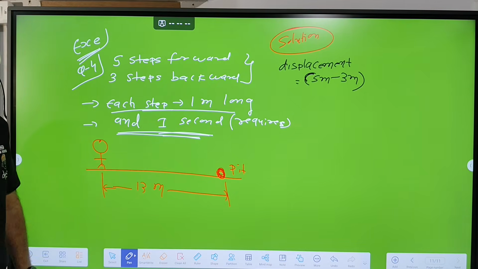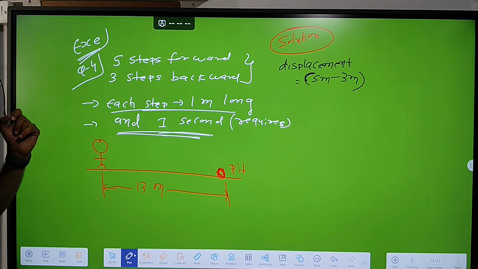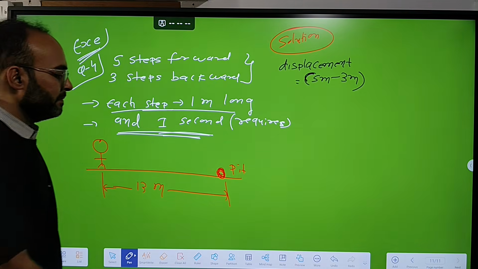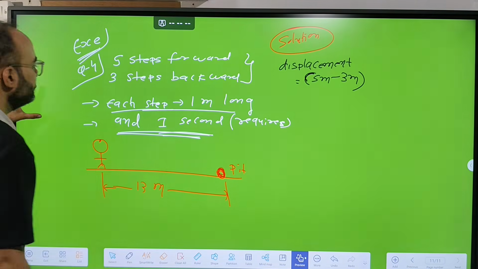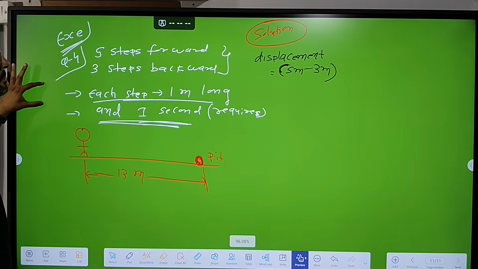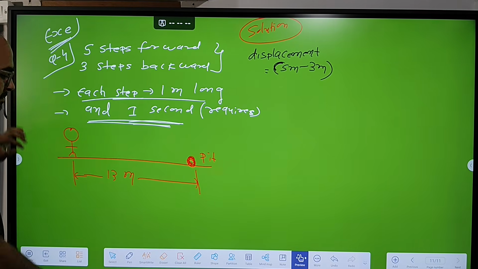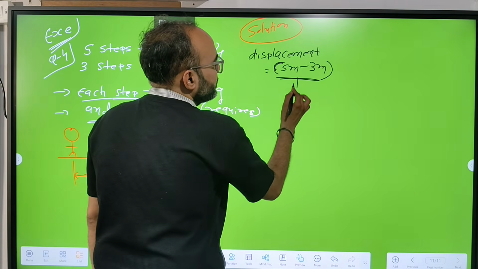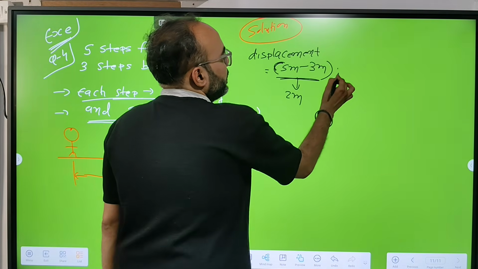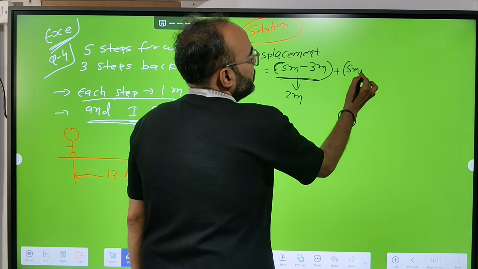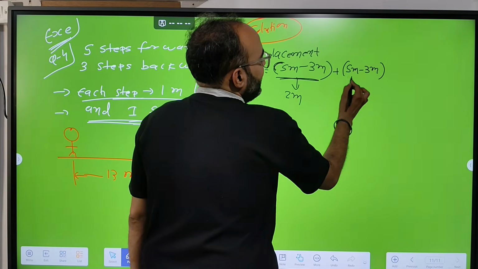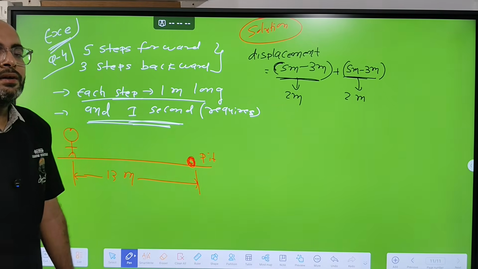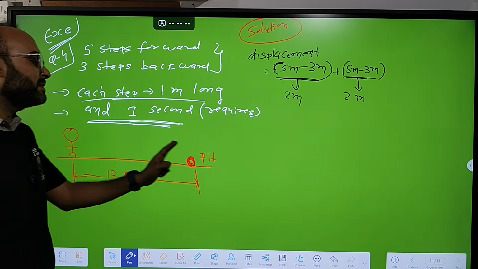Because 5 steps forward, 3 steps backward, so 5 meter minus 3 meter. So what is the net displacement? 2 meter. Again 5 forward minus 3 backward, net displacement 2 meter.